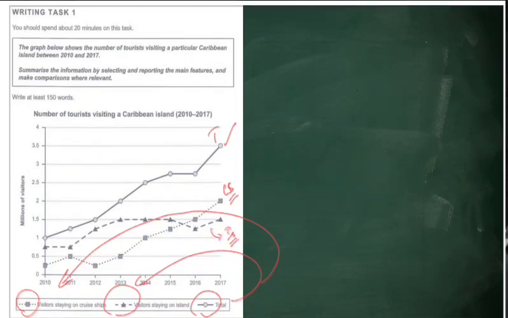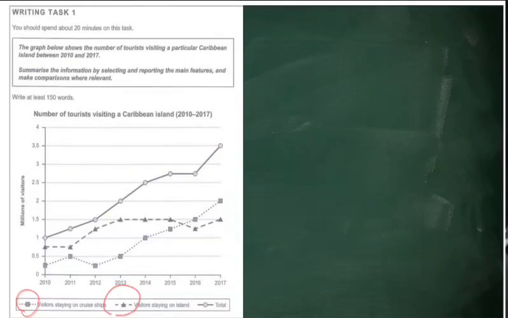So you have different indications given, and based on how you read, you would be making sense of it. If you think about it, the total is just a combination of the two given.